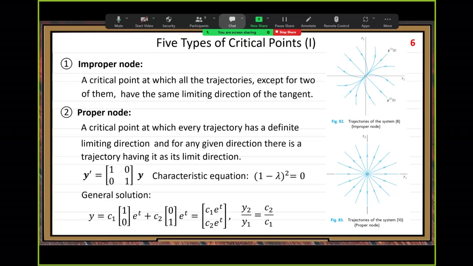If you look at this double root, why do you write the general solution this way? That question is a little deep, because you need to study the eigenvector space, the space formed by eigenvectors.